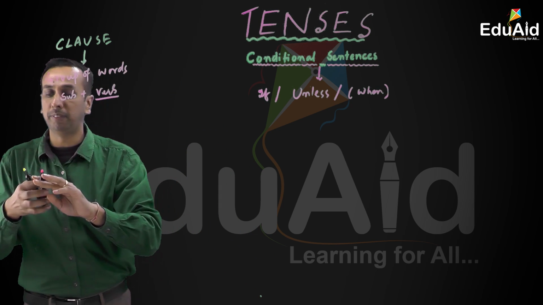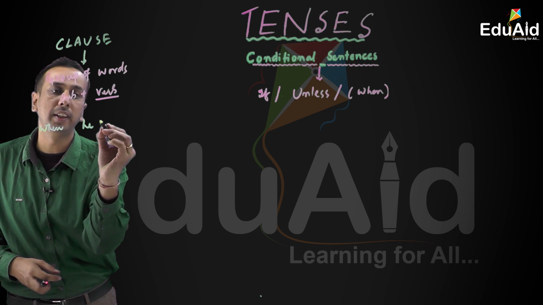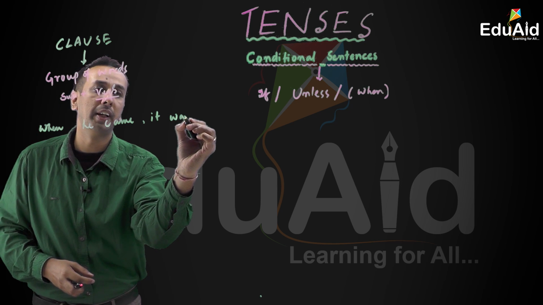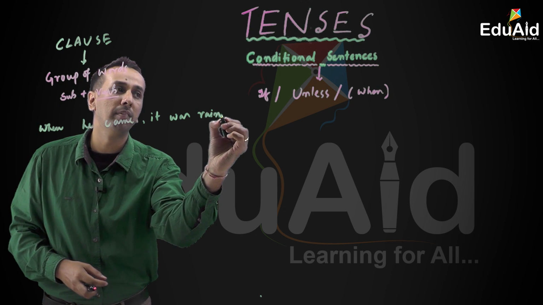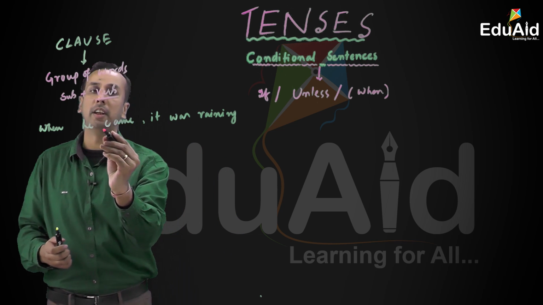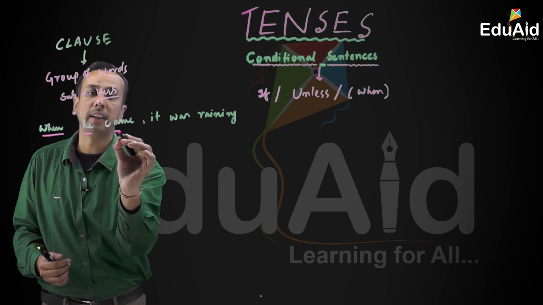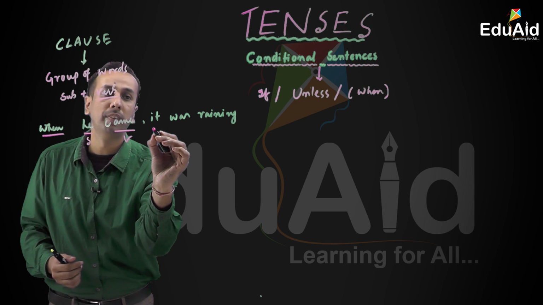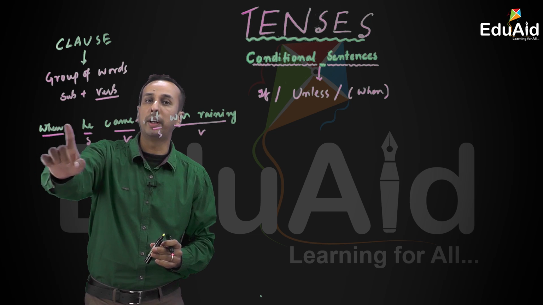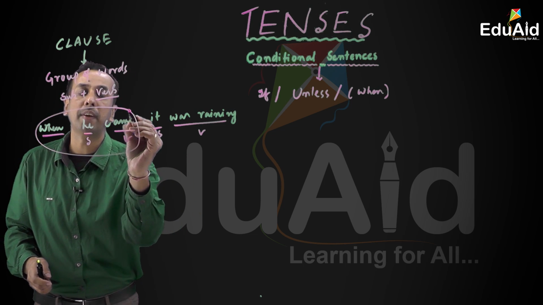Take one example. When he came, it was raining. Now in this very sentence, if you have observed it, when he came has a subject and a verb. In this sentence, when he came, it was raining, the first part is a dependent clause.